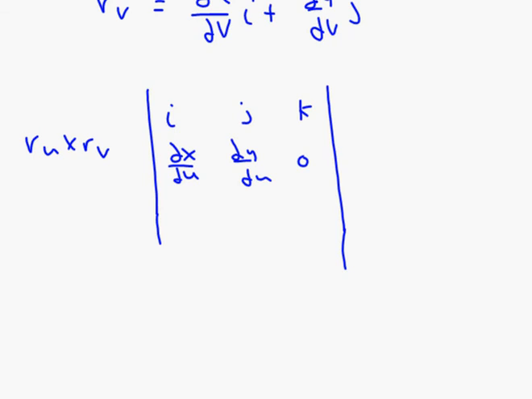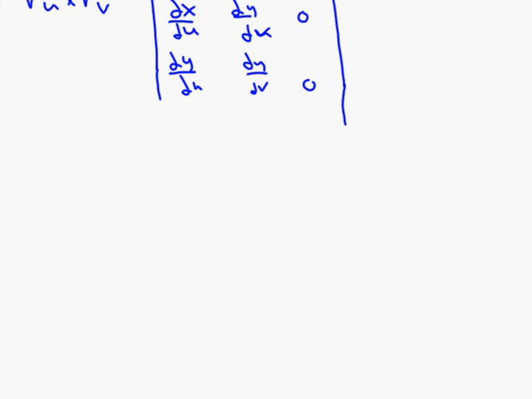Of course, there's no k component of that vector. And then this is going to be partial x partial v, partial y partial v, and 0. Okay. So then we're actually ready to go.